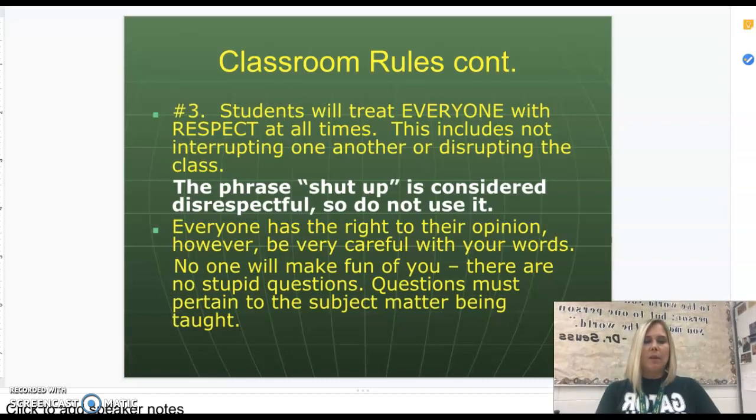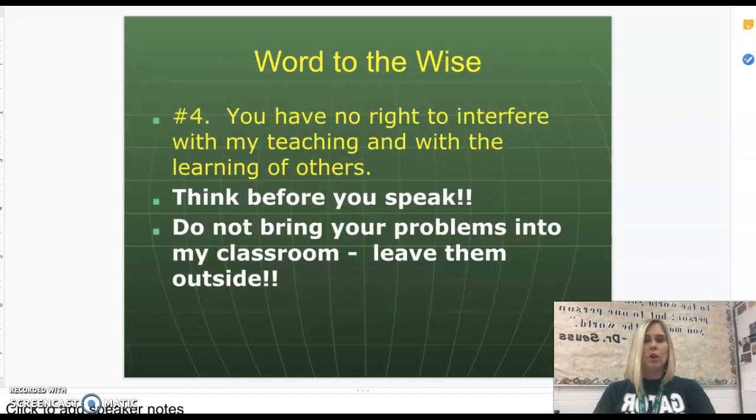Let me just say that those type of students will not be tolerated in my classroom as well as on Zoom. You have no right to interfere with my teaching and with the learning of others. So this is in place to protect all of you students who are hopefully here to learn, because that's what we're here for.